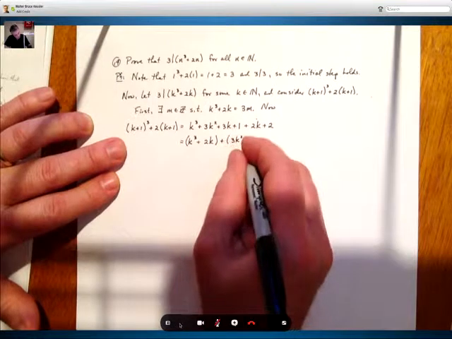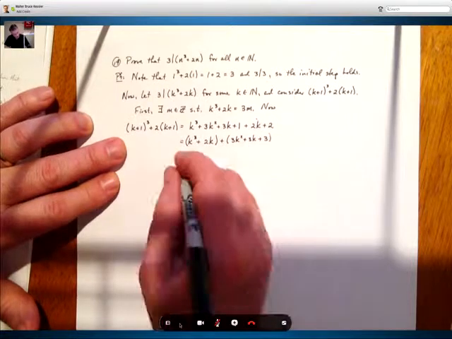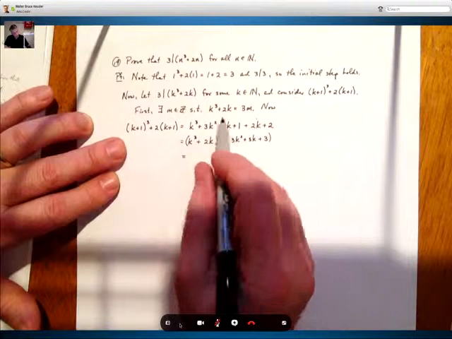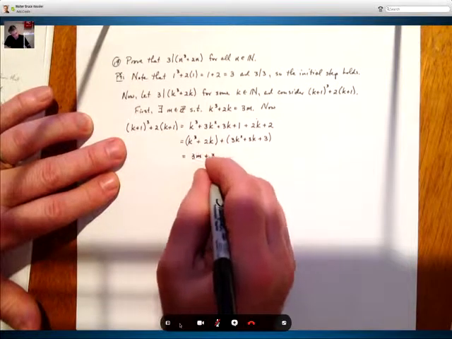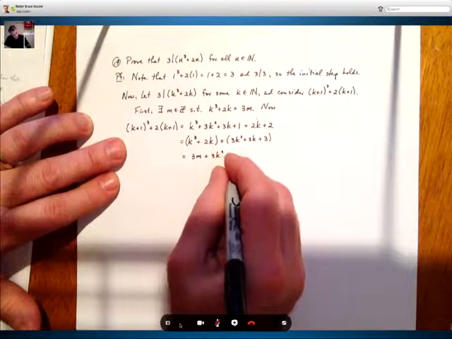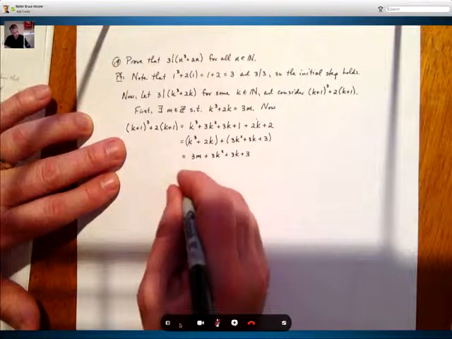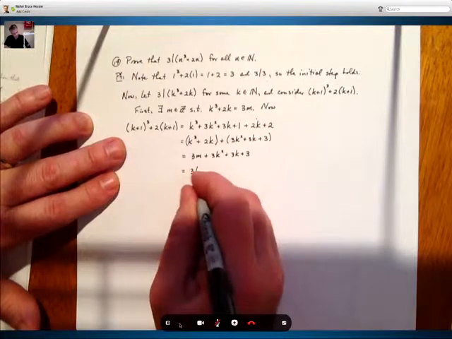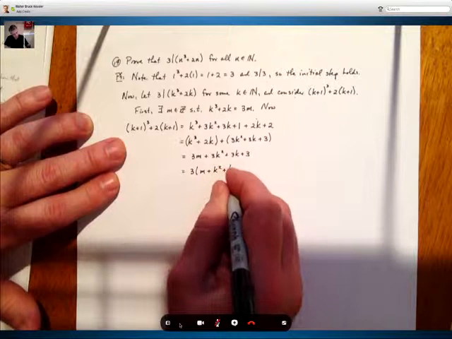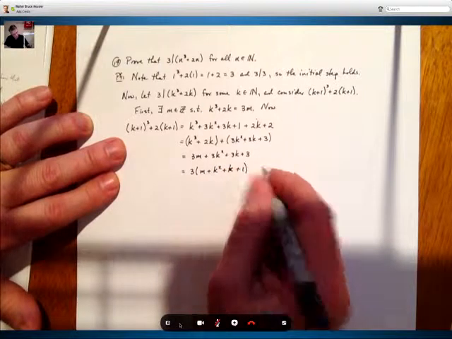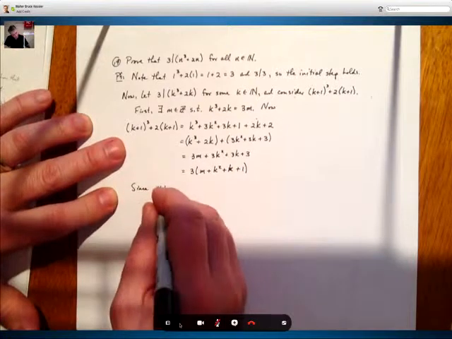Alright, that's here and here. And then what am I left with? 3k squared plus 3k plus 3. Dandy. So from above, this is 3m. And the important part of this is you note that there's a big old fat old 3 hanging out right there that we can just factor out.